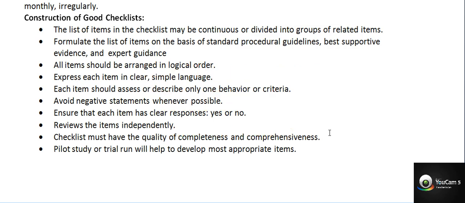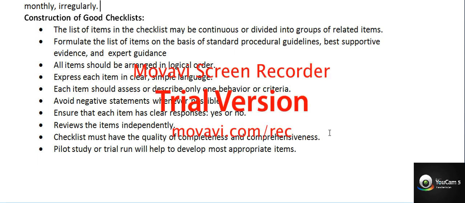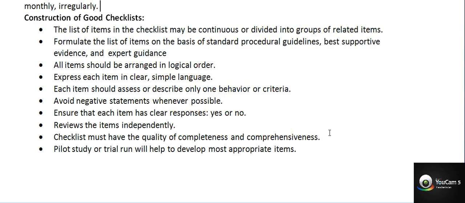Review the items independently. Once you arrange all the items, review them independently and make a complete and comprehensive list. Before putting it in your study, do a pilot study or a trial run to find if there is any problem with the list.